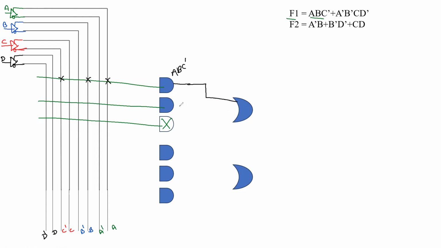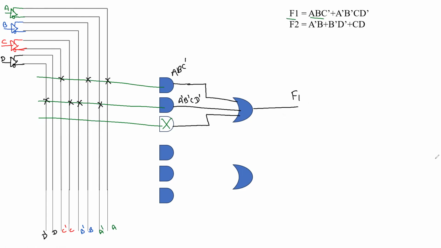For the second, we are going to take the product term A dash B dash C D dash. First we have A dash, next we have B dash, then C, and the last one is D dash. This is a false connection, so this one we can give as it is. This OR gate output represents the value F1.